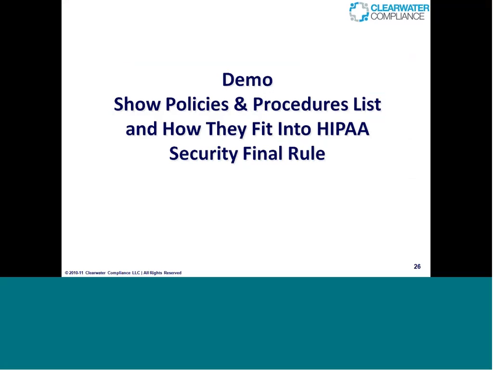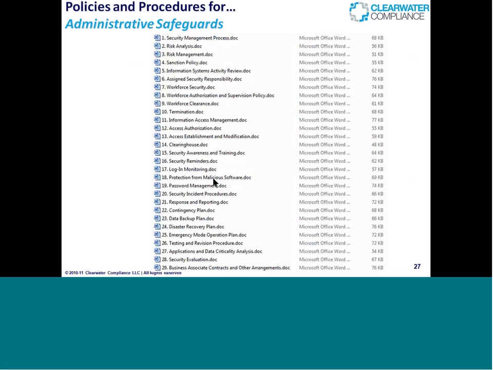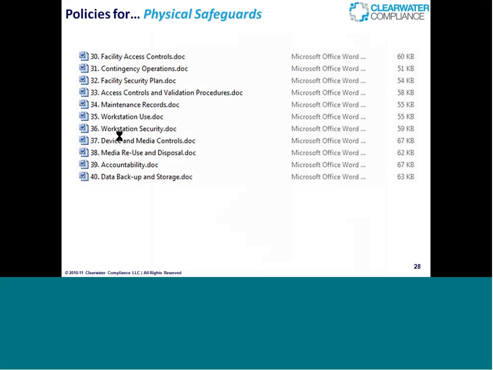So back to the presentation, here's the same list of policies and procedures that are required by our determination. Under administrative safeguards, there are some 29 different policies and procedures.